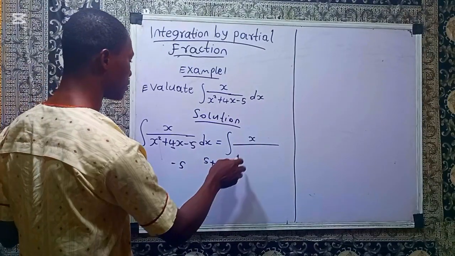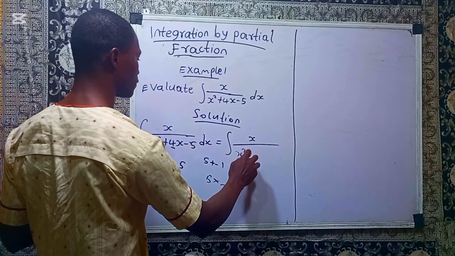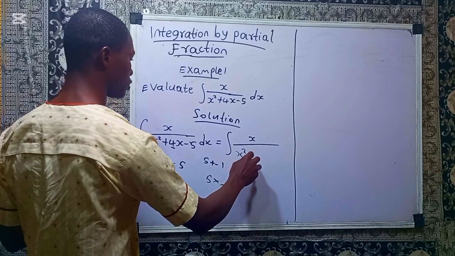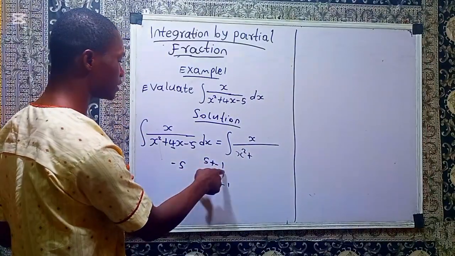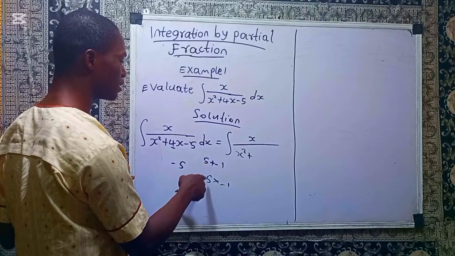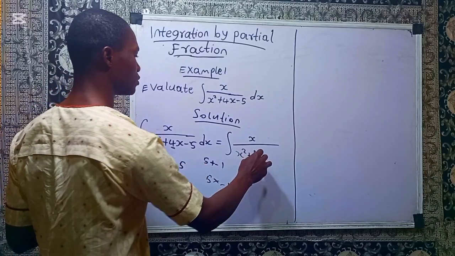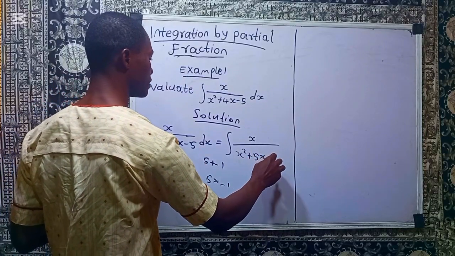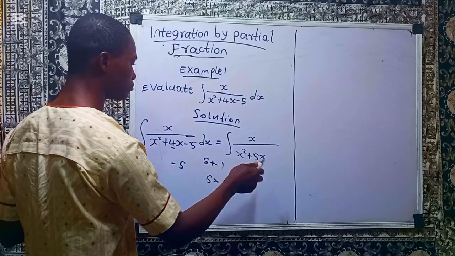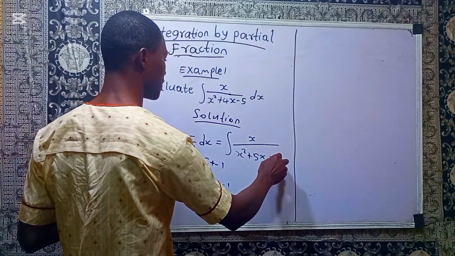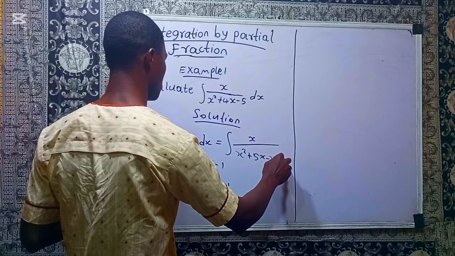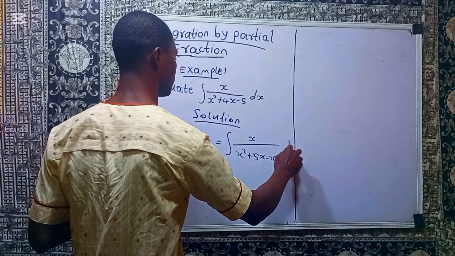So quickly you are going to have x squared plus, so here now the middle term will take the coefficient positive 5, so we have positive 5x. Then the other one will take negative 1. Negative x minus 5 dx.